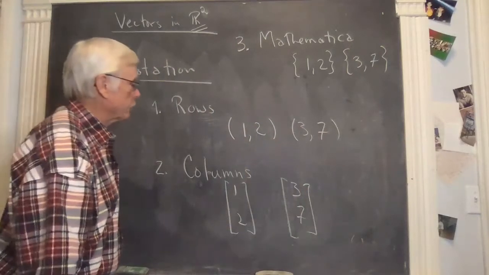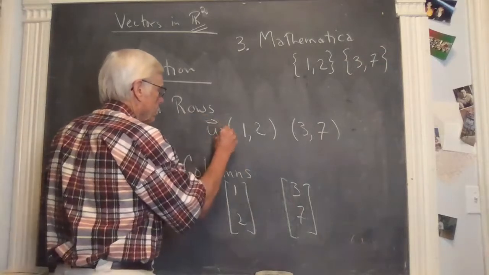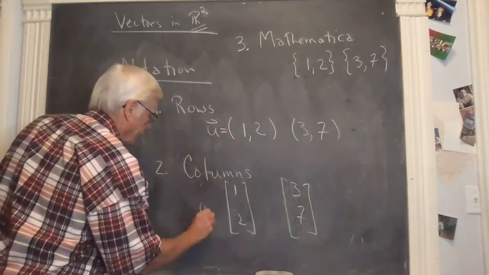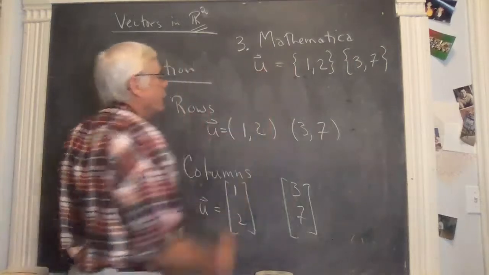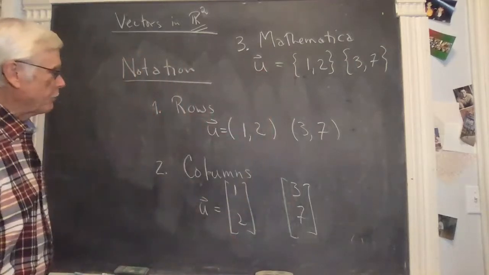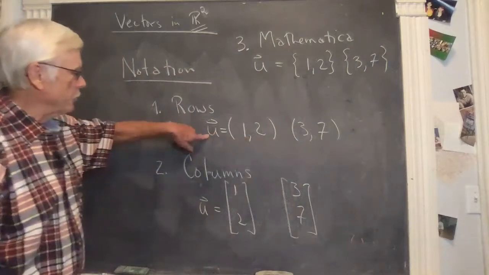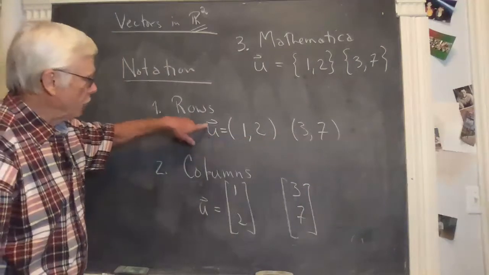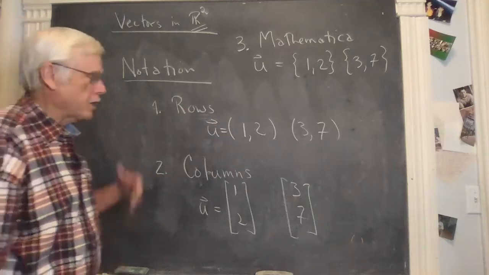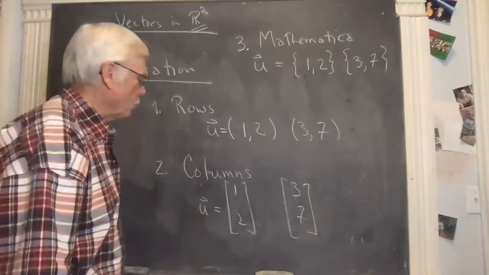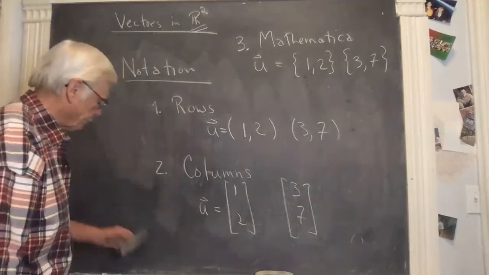All of these are denoted with a little vector sign above a letter. A name for the vector 1, 2 that I'm going to use is U, and that little vector sign above indicates that this is not just a point, but a vector quantity. So these are the notations that we'll use.